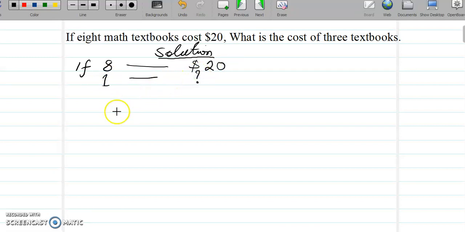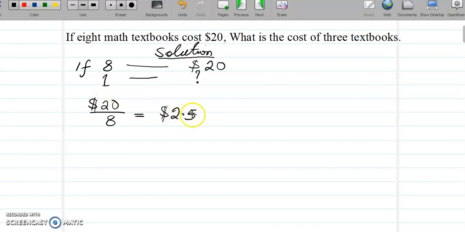If 8 cost $20, then 1 will be 20 divided by 8. If you divide 20 by 8, we have 2.5. So $2.5 will be the cost of 1 book.